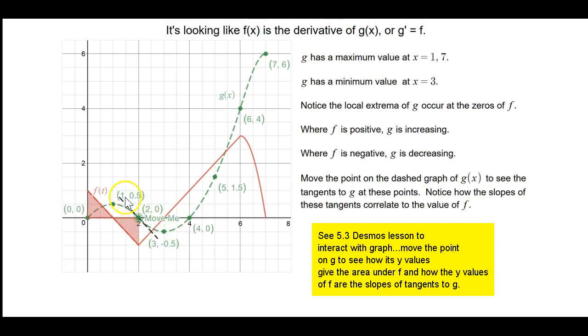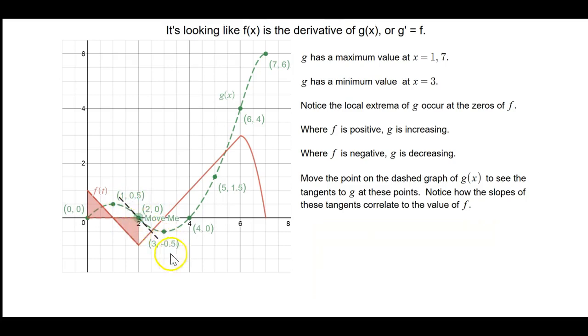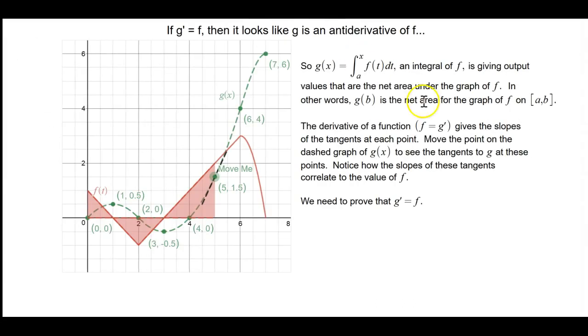Here this tangent line has a negative slope. Again, a horizontal tangent line, slope of 0. So this is all adding up to tell us that we're pretty sure that f is the derivative of g, or in other words, g prime equals f. So we need to prove that.